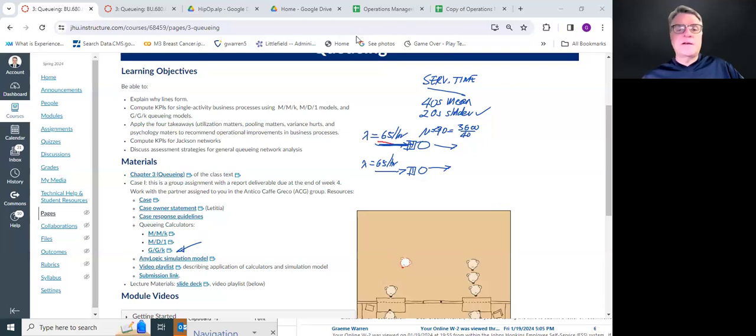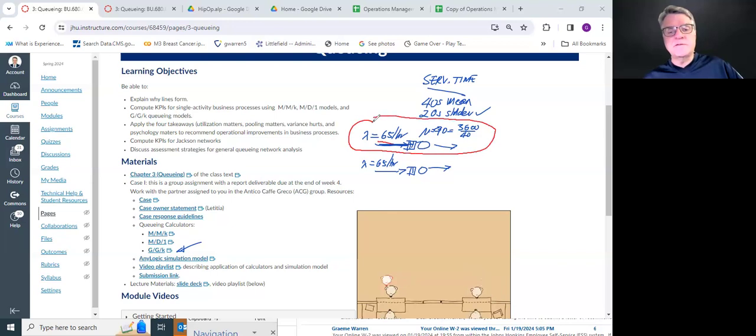Because they're identical, we can analyze just one of them. We're assuming that they're statistically identical and independent, so it's only necessary to analyze one. This actually is an M/G/1 system: Poisson arrivals with rate 65, general service, and one server.